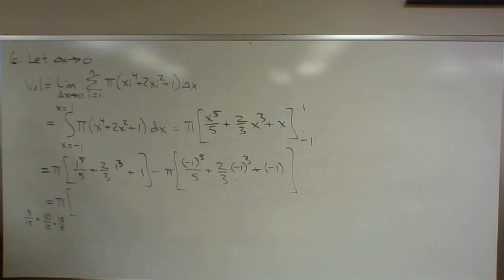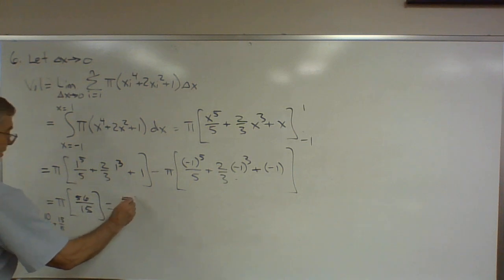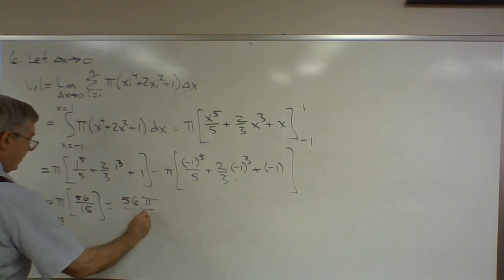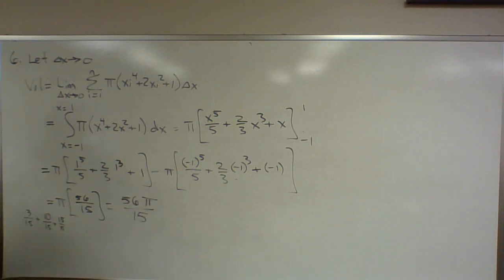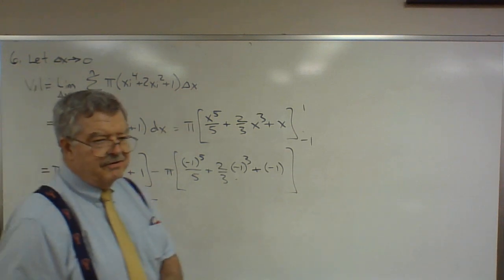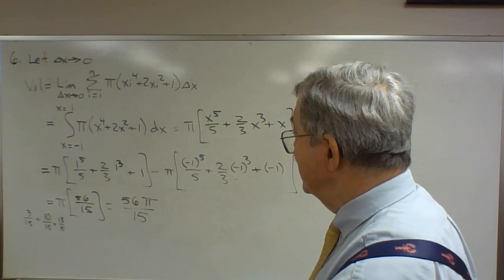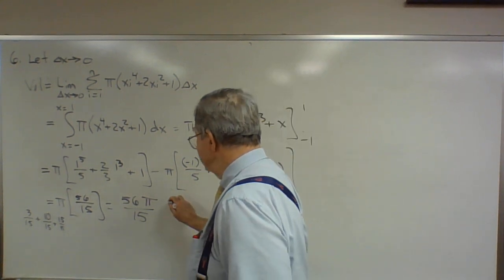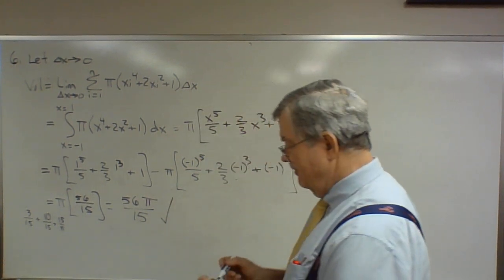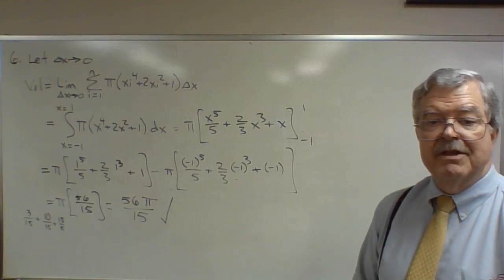Double it, 56/15. I did this for the first time back in 1982. Let's see if I get the same answer. Oh, thank goodness I do. Okay. So the volume is 56 pi over 15 cubic units.